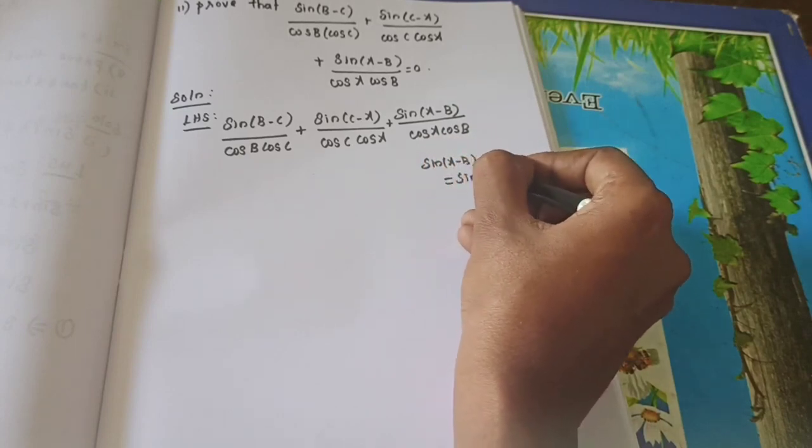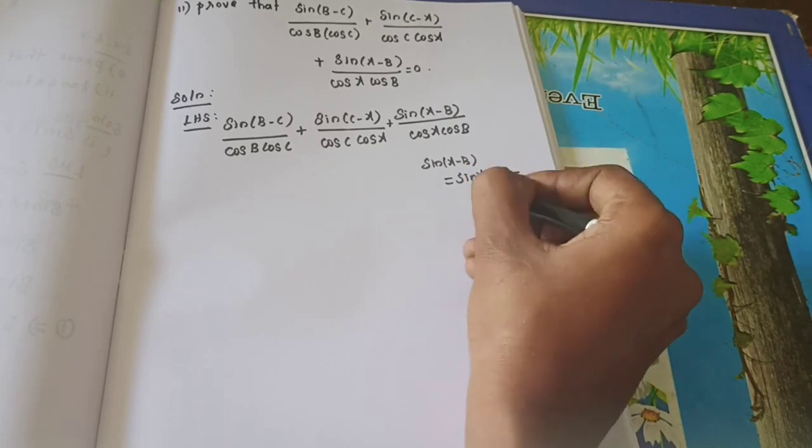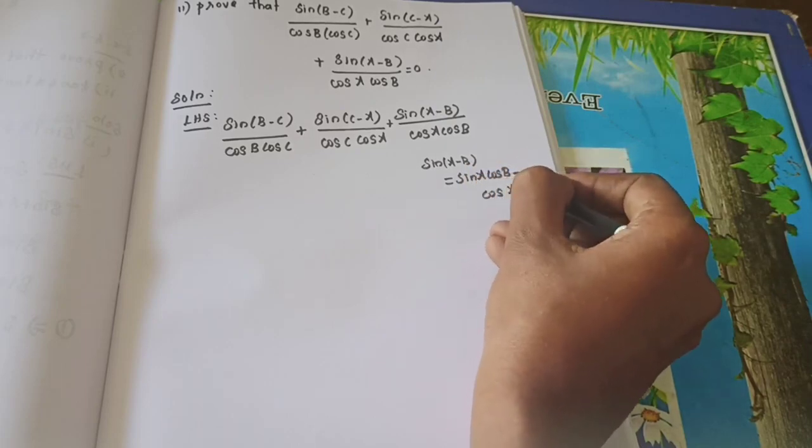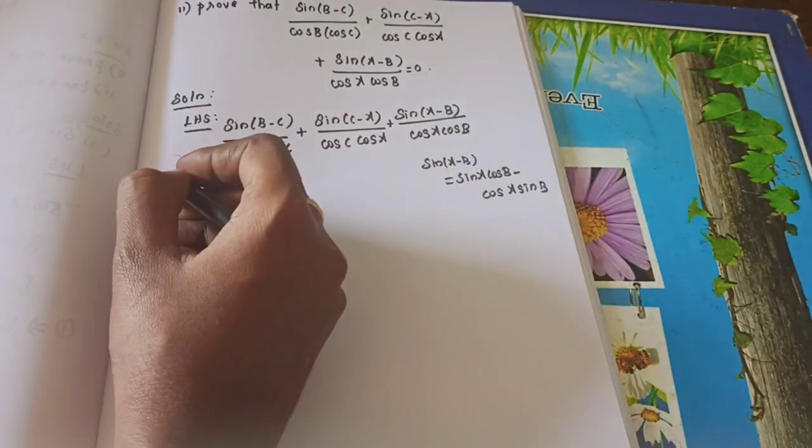Sin A cos B minus cos A sin B. Substitute by using the formula, that's all.